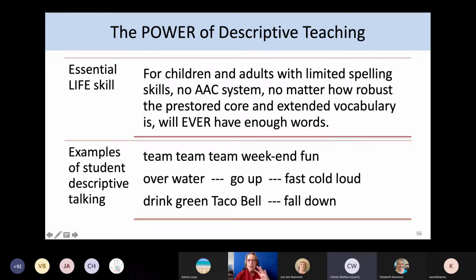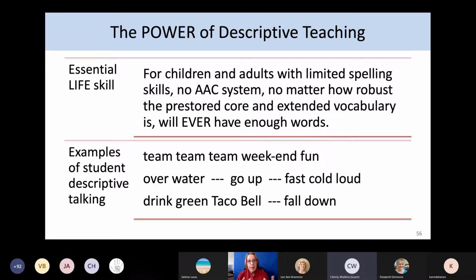The power. So let's talk about the power of descriptive teaching. We are doing this, partly as a strategy to cope with things in the classroom, but it goes deeper than that. It's an essential life skill because no person using the AAC system, if they are not spellers, okay, once you become a speller, the world of all possible words opens up to you, obviously.